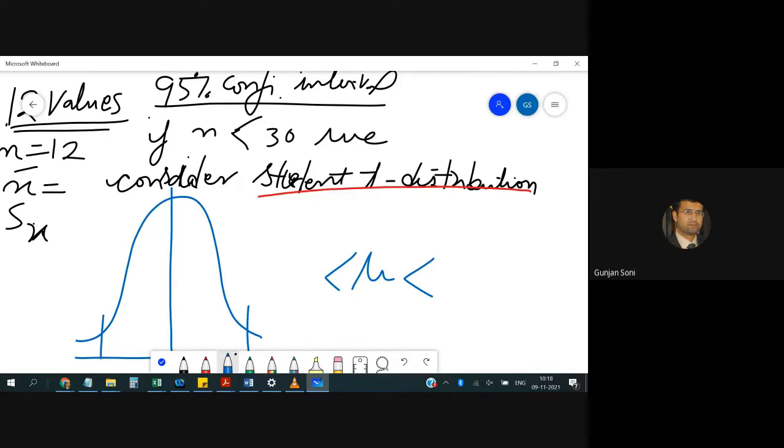So what are these limits? This will be x bar minus plus t, value of t.